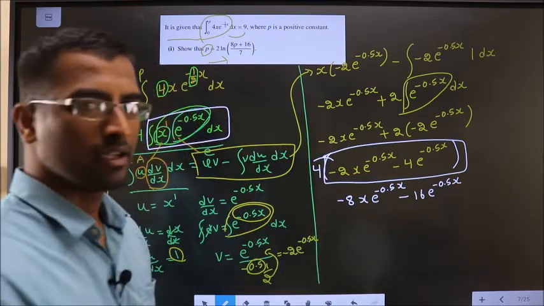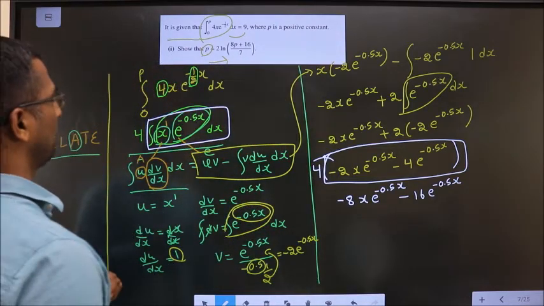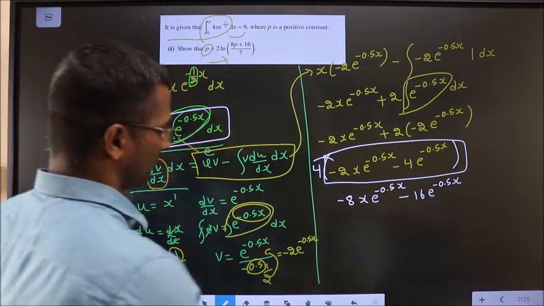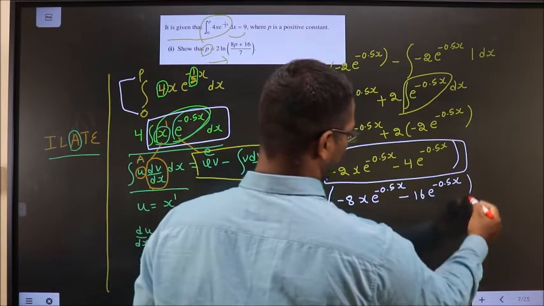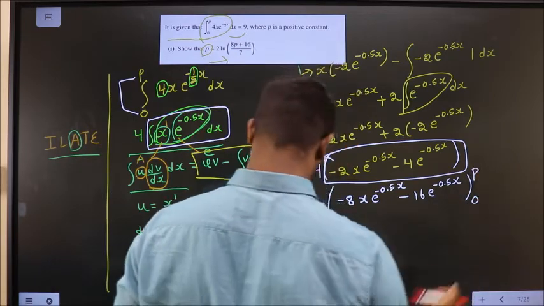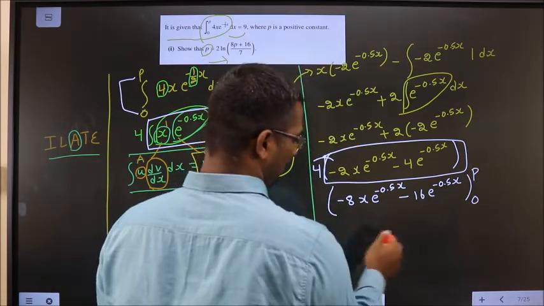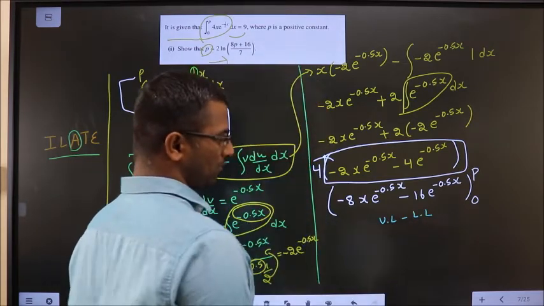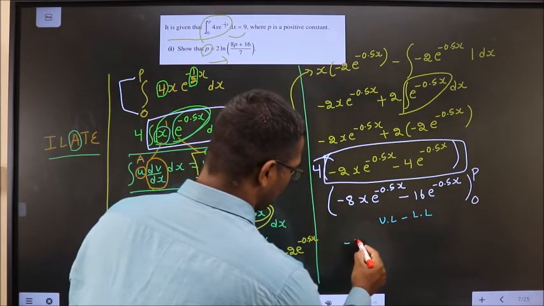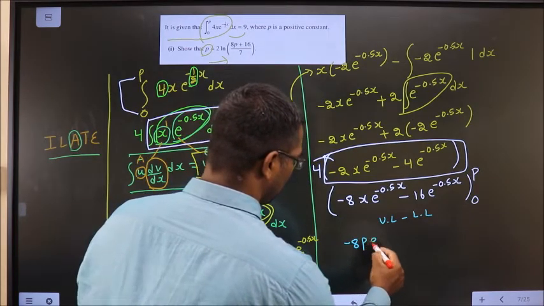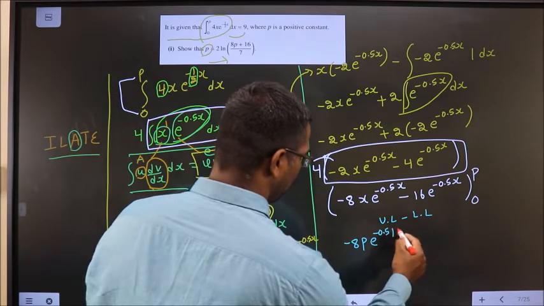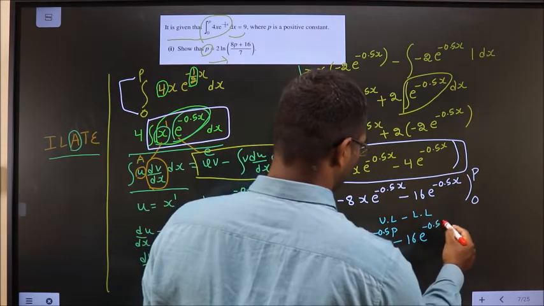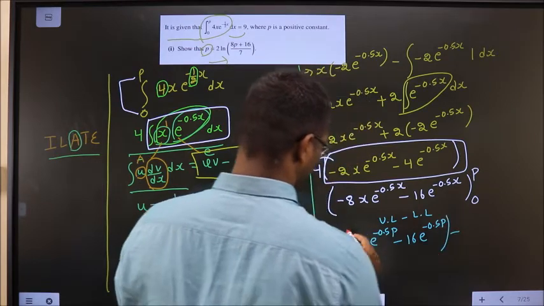Next, limits are also given. Limits are from 0 to p. So write here 0 to p. Now upper limit minus lower limit. When I put the upper limit, what do I get? Minus 8p e power minus 0.5 p minus 16 e power minus 0.5 p, minus the lower limit.